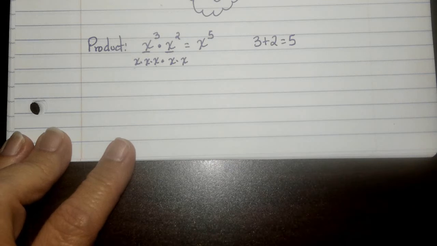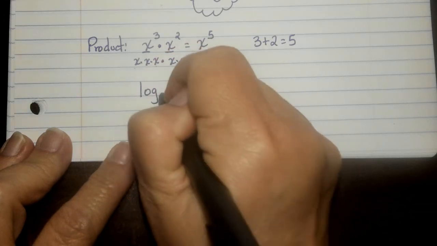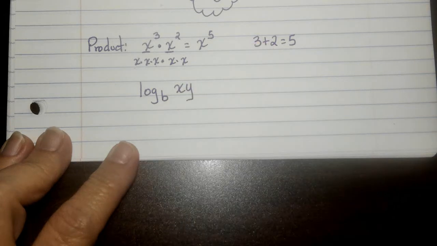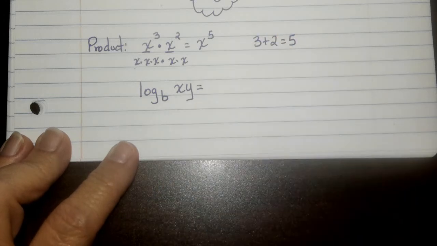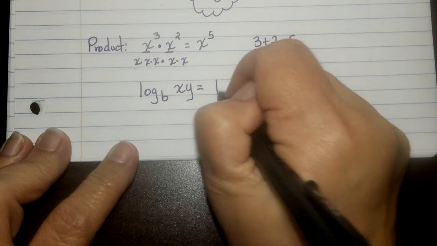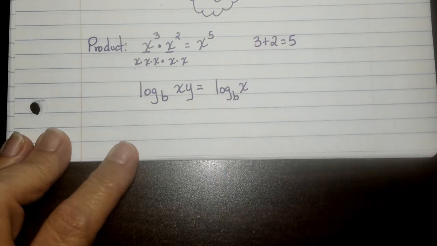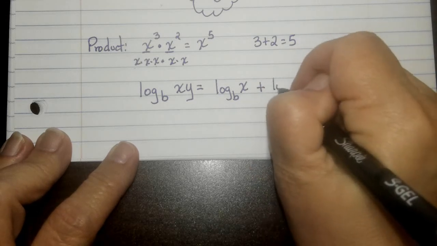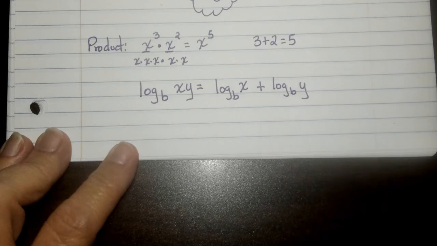So when we get to logarithms, if I have the log base b of a product, so if I have multiplication, that's going to equal addition. So it's going to be log base b of the first factor, which is x, plus log base b of the second factor, which is y.